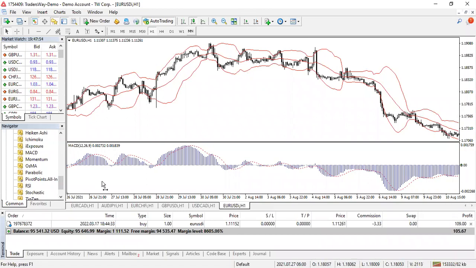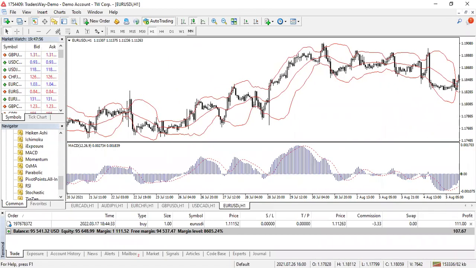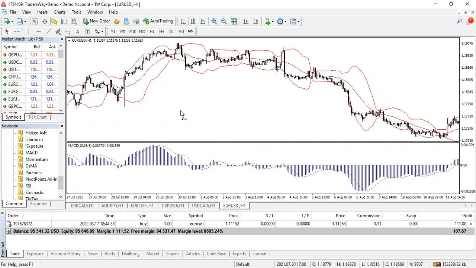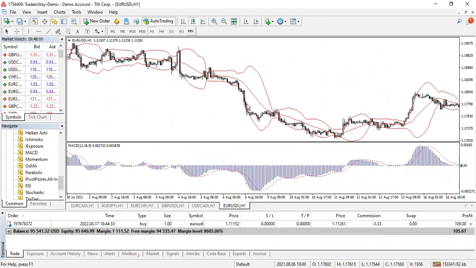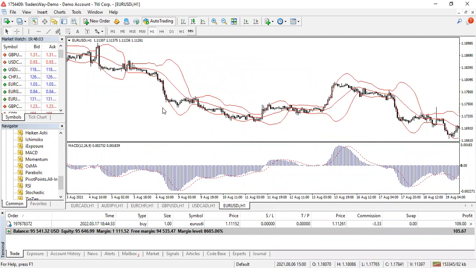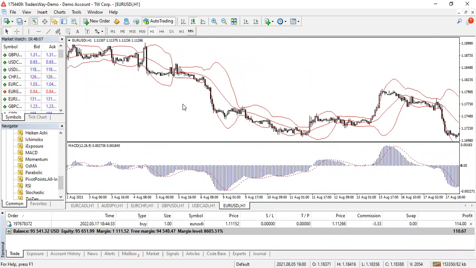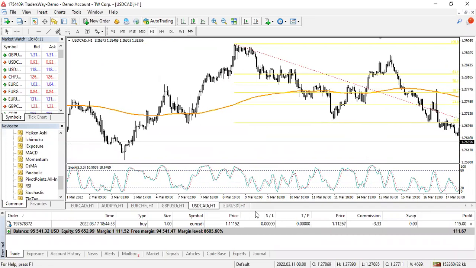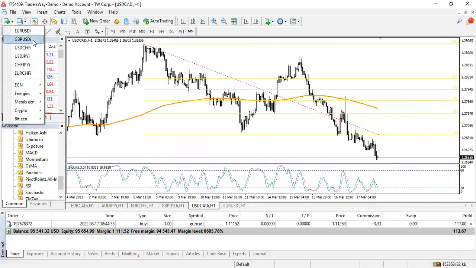So this is my MACD, and this is my Bollinger Bands here. If I want to use this strategy now to backtest, let us select another pair. I don't want to focus on only one pair so that you can understand better.